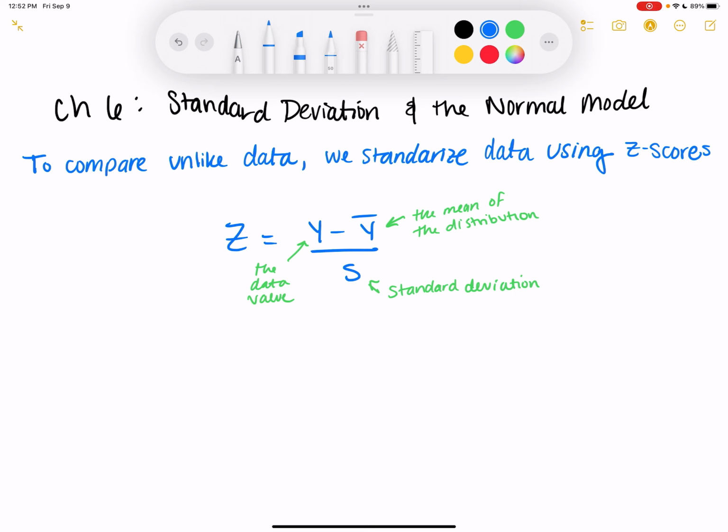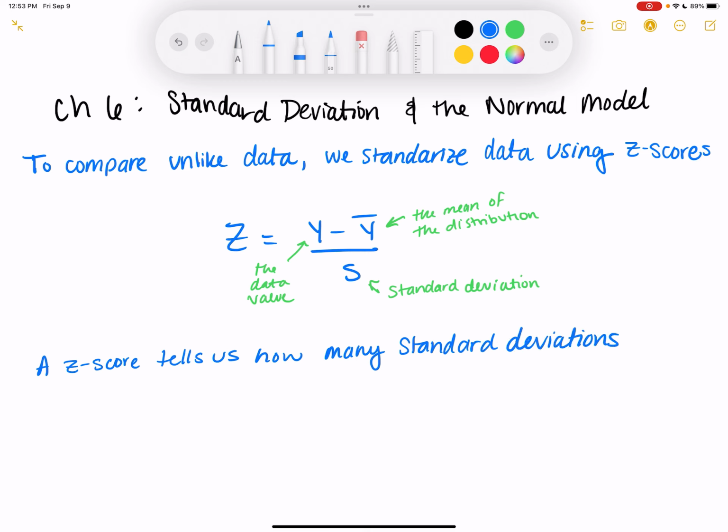So a z-score, which is what this is, tells us how many standard deviations a value is from the mean of the distribution.